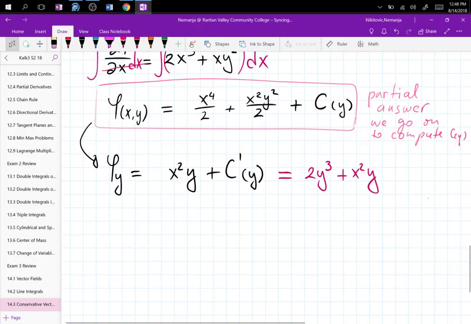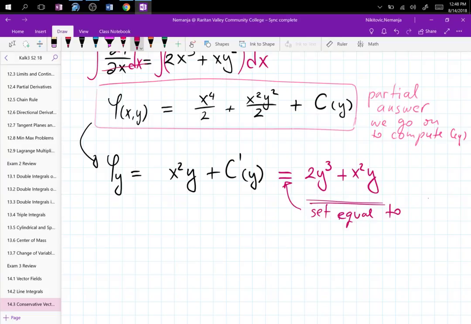So this step over here is generally the one that causes all the hysteria and confusion. Set equal to g. What is g? G is partial derivative of phi in respect to y.